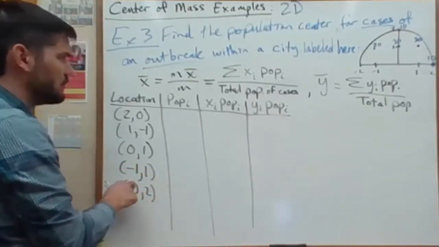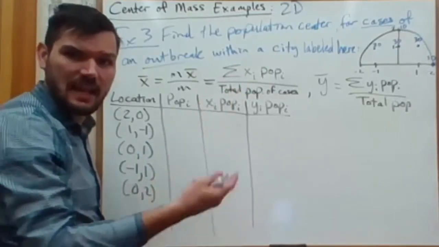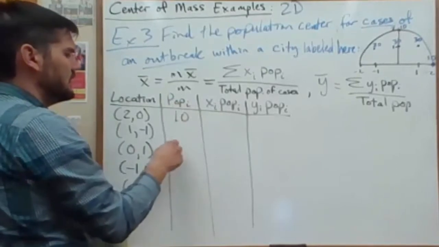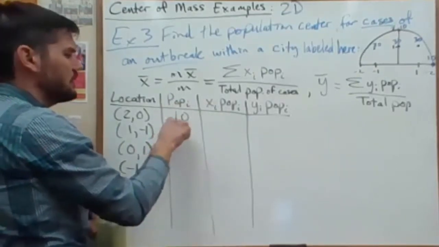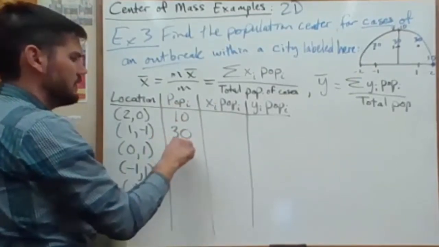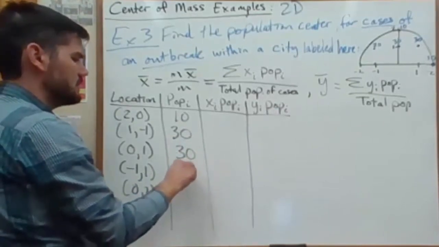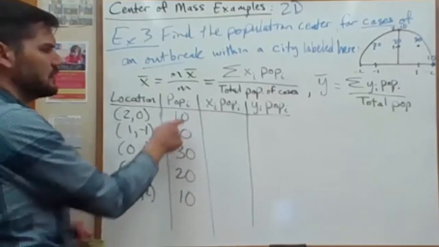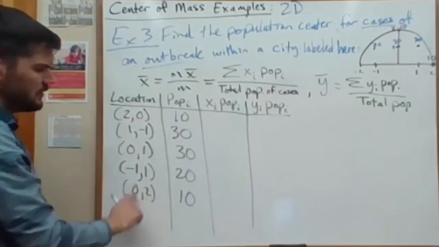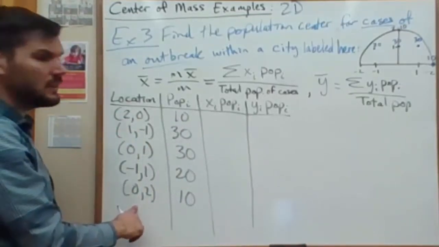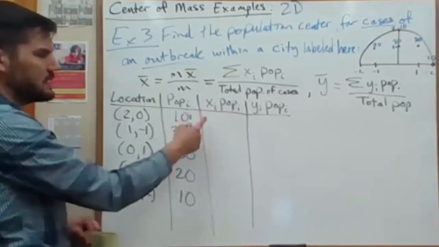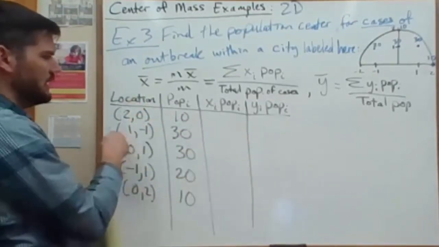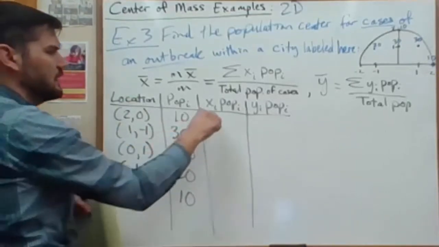And I'm going to label the populations of cases at those points. So 10, 30, 30, 20, and 10, and then scale each location coordinate by the population. So the x's are all the x's times that population, all the y's times it, and these will scale pretty nicely here.